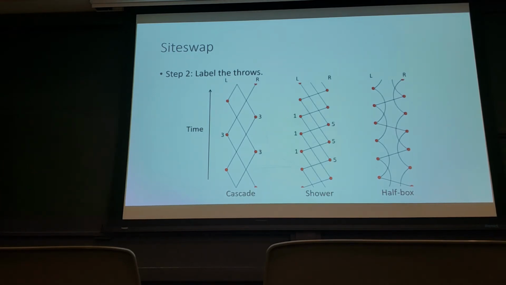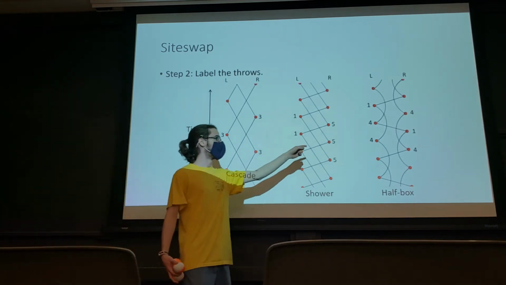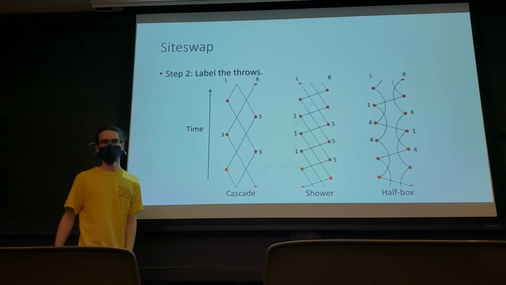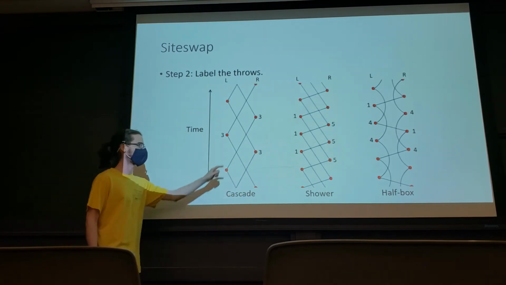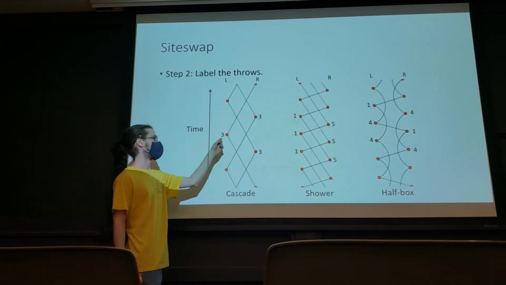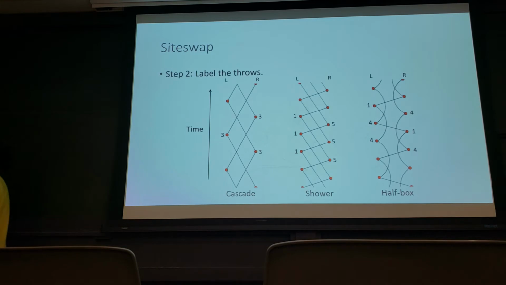For shower, it alternates 5, 1, 5, 1. For half box, it turns out to be 4, 4, 1, 4, 4, 1, and so on. Now we can replace the names with a systematic naming scheme based on these numbers. We take the repeating unit, and that's the name of the juggling pattern. So cascade is called 3, shower is called 5, 1, and half box is called 4, 4, 1.